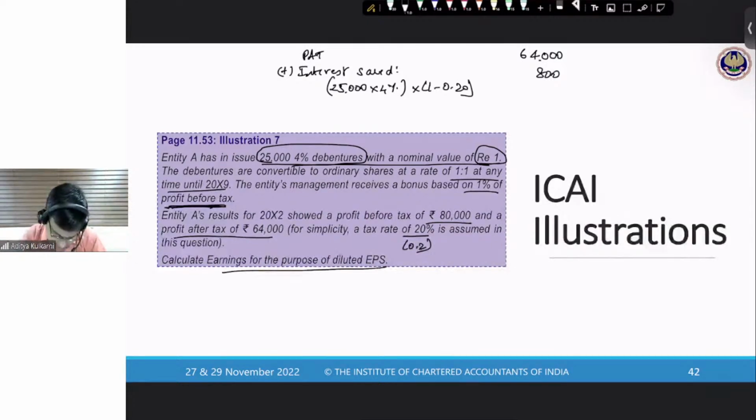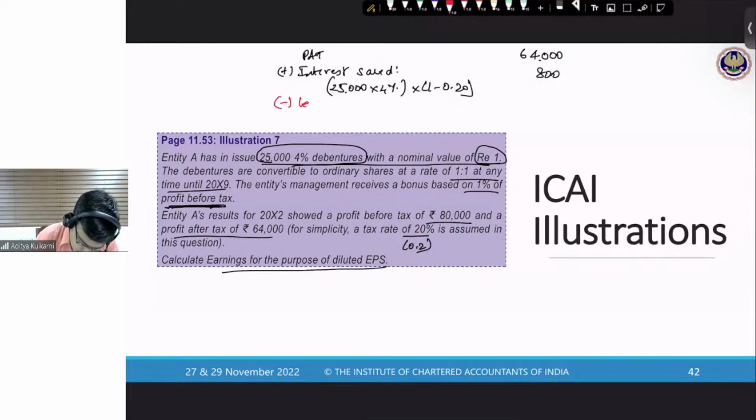Yes. And because the managerial remuneration has gone up, the tax impact on that increase also will be visible, and therefore we are going to calculate as shown now.